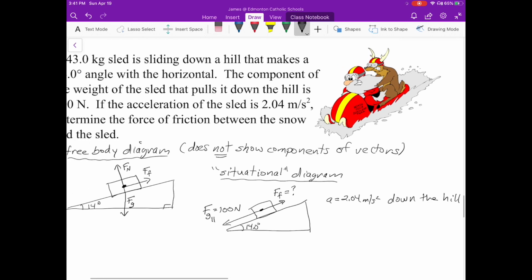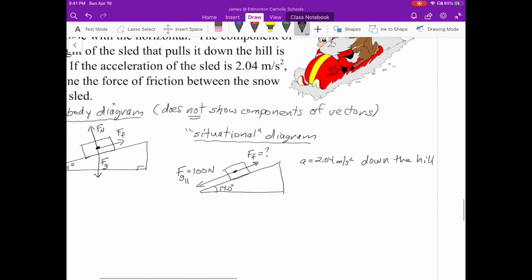Okay, so here we've got two forces acting. We've got Fg parallel, and we've got the force due to friction. So that is an expression for the net force based on our situational diagram.